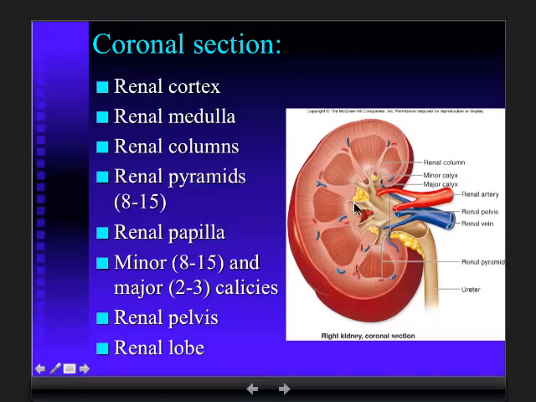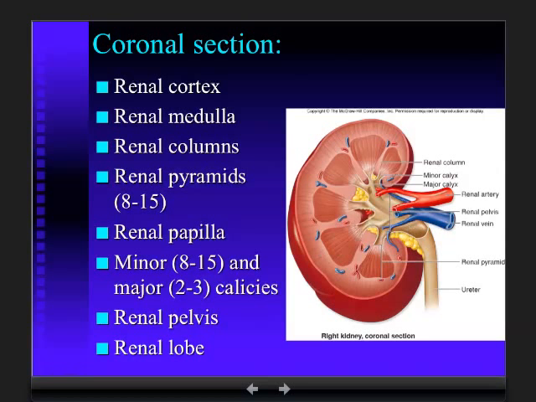And this space is like a funnel that has been subdivided into many smaller funnels. And each funnel comes up to meet the renal papilla of each renal pyramid. That funnel is called a minor calyx, which converges into a major calyx, which converges into the larger opening here, the renal pelvis, which drains into the ureter.